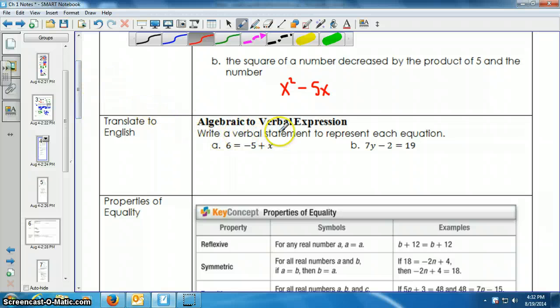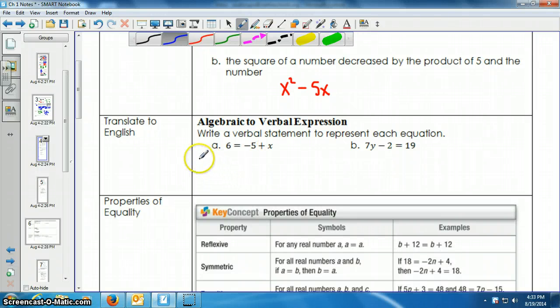Next we're going to go the other direction. So write a verbal statement to represent each equation. So for this one, I'm just going to kind of talk it out. 6 is equal to the sum of -5 and an unknown number.